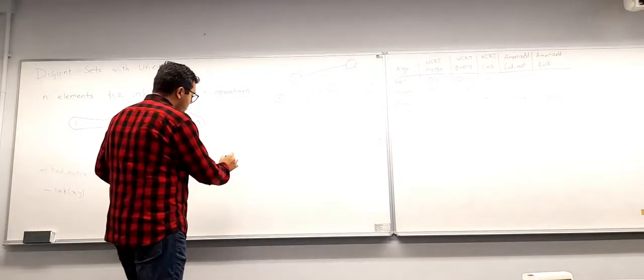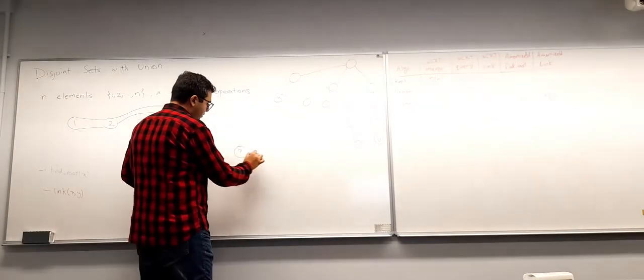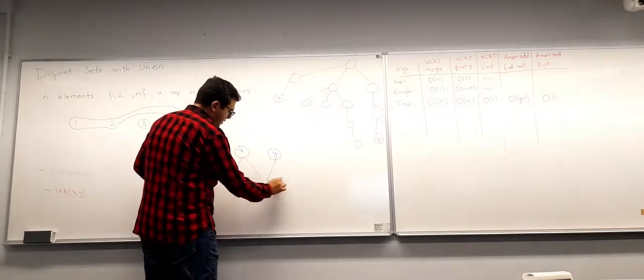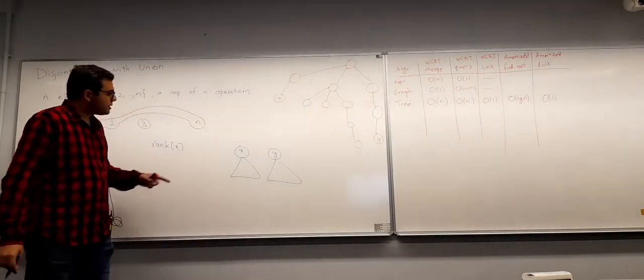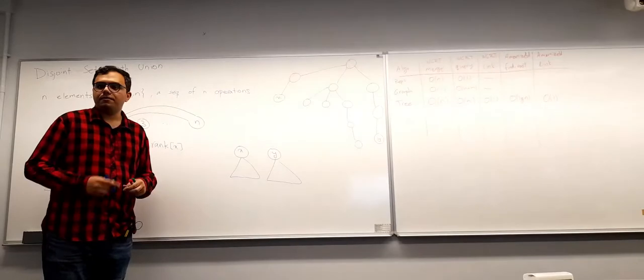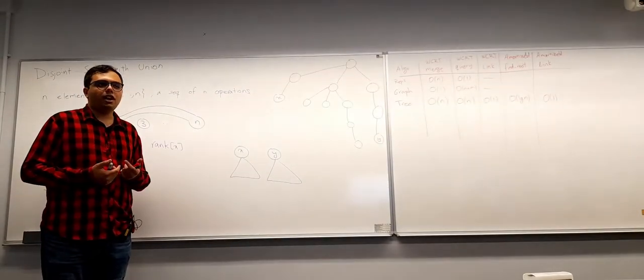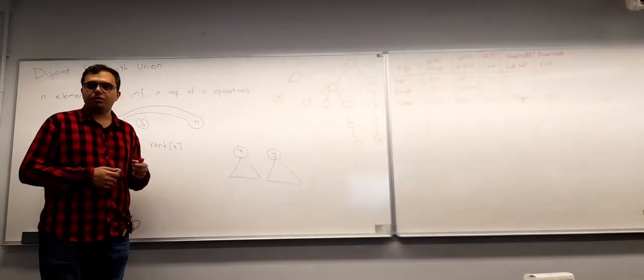When I want to do link, if I have X and Y and their subtrees, I look at the rank of X and the rank of Y. If one of them has a smaller rank, I just merge the smaller one into the larger one.